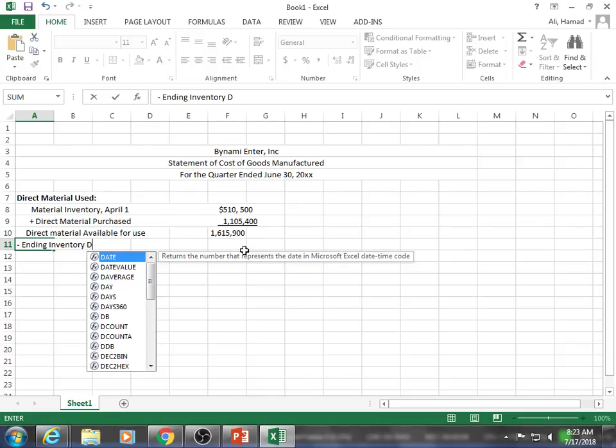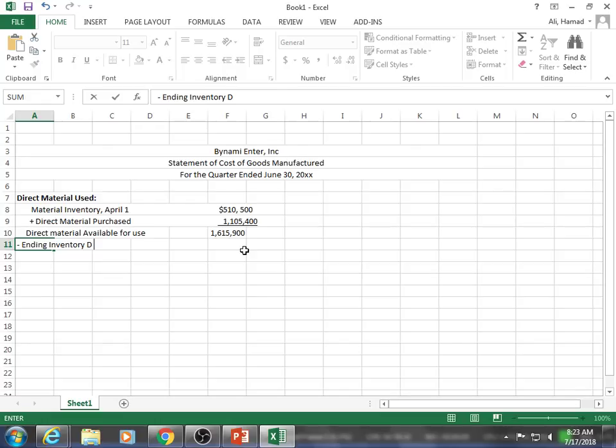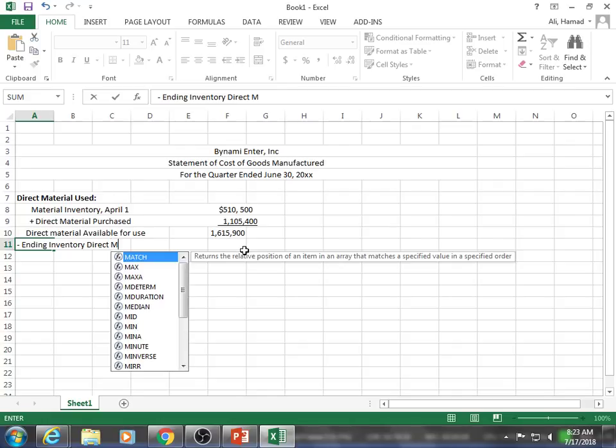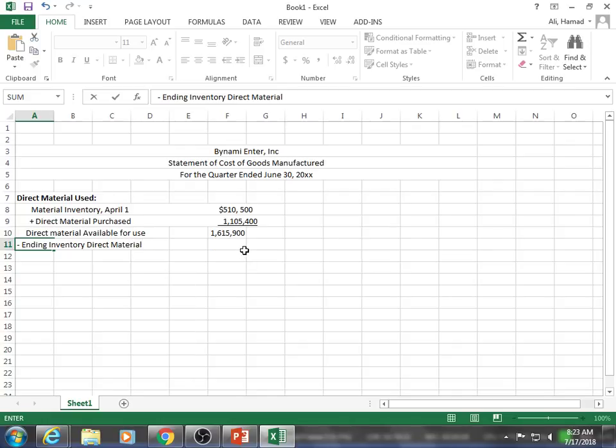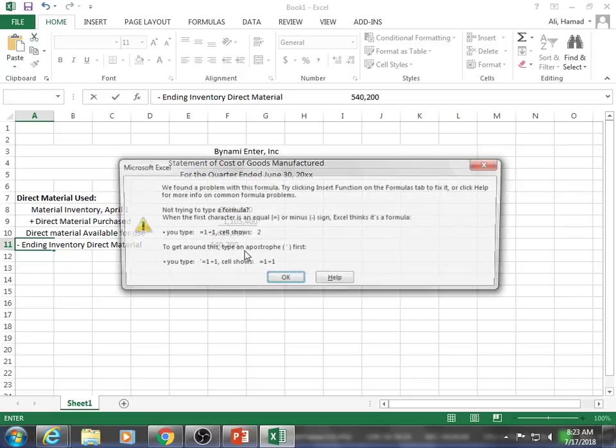So direct material ending inventory was 540,200. Okay, so we're going to say minus ending inventory, direct material. How much was it? 540,200.